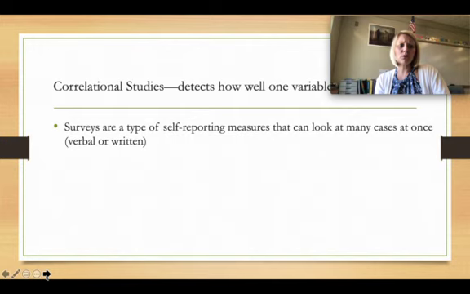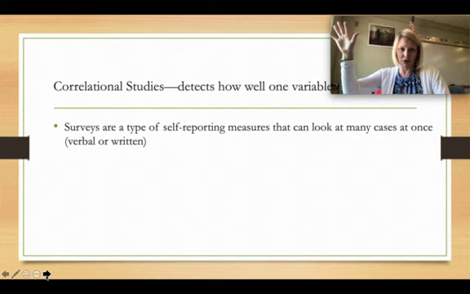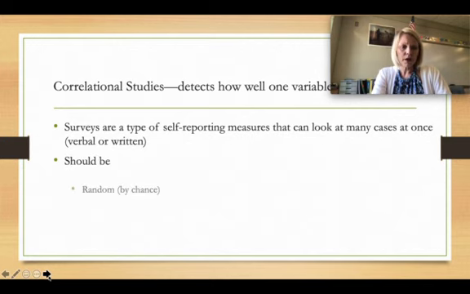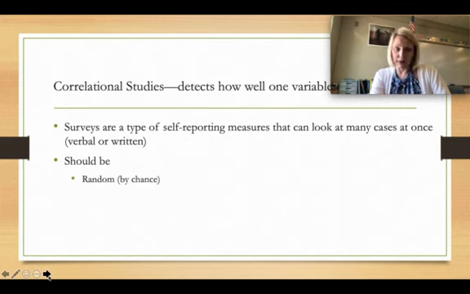And so correlational studies are great because you can do them on bigger groups, like surveys. You can do a huge survey out to the population, or a sample size, a big sample size. But then you have to rely on people being honest and upfront. So if you're going to do a survey, those are great.